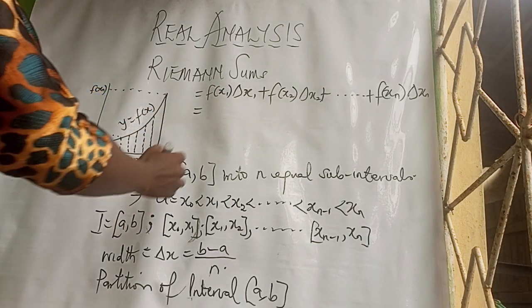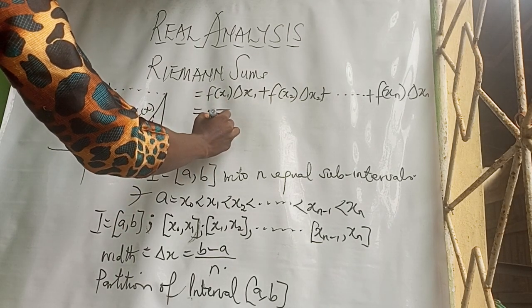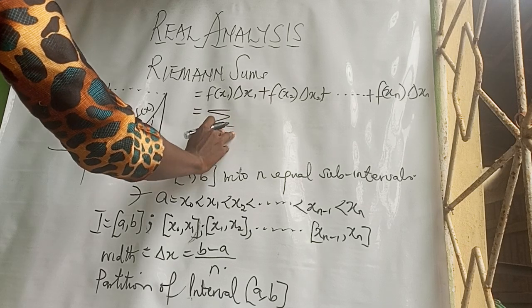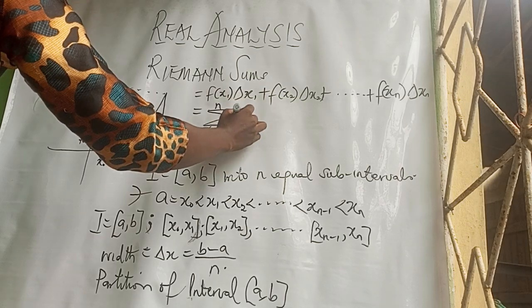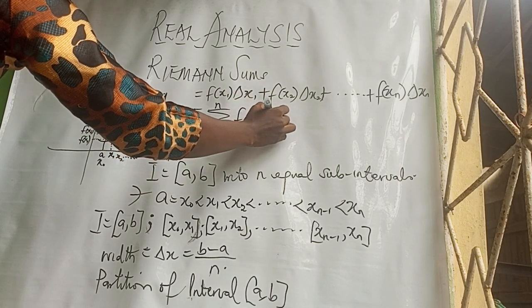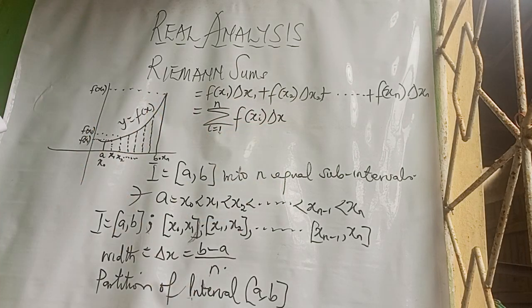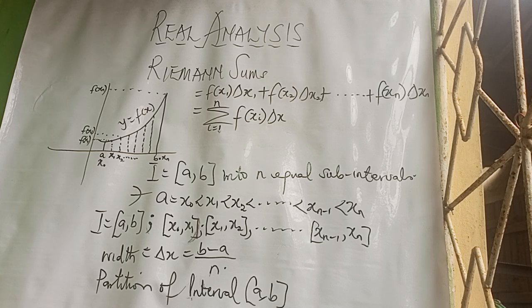We can write this as the summation as i goes from 1 to n of f of xi delta x. That is the Riemann sum to approximate the area under the curve.